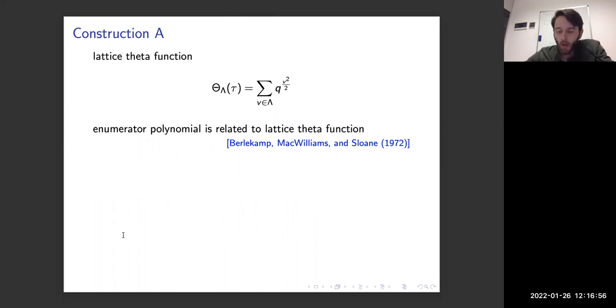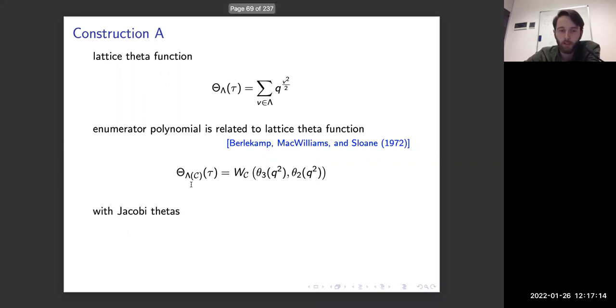So an old result due to Berlekamp, McWilliams, and Sloan is that the enumerator polynomial is related to the lattice theta function if you do this replacement. You take the polynomial variables x0 and x1, and you replace them with Jacobi theta functions.